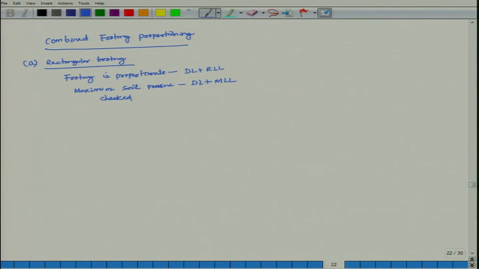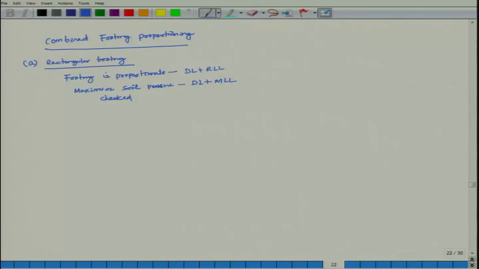Are you getting my point? In rectangular footing, how are you going to start the design? For footing dimensions, you have to find it out considering dead load plus your reduced live load. And for maximum soil pressure, you have to check what is the soil bearing pressure, considering dead load plus maximum live load.